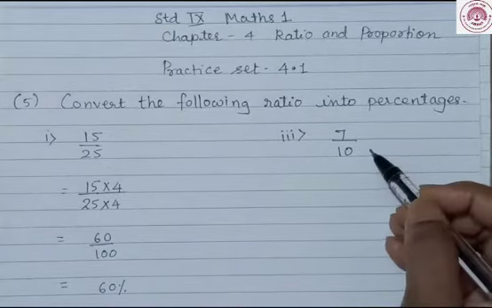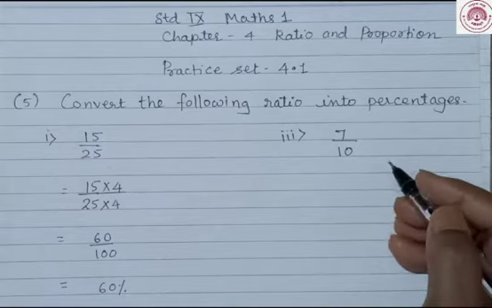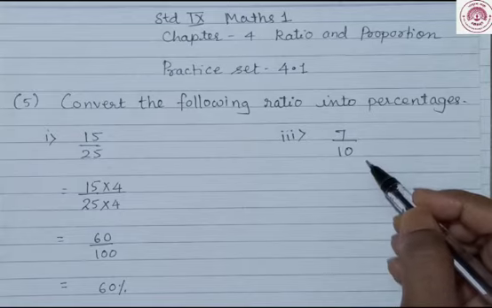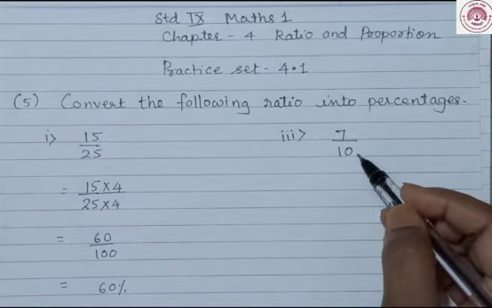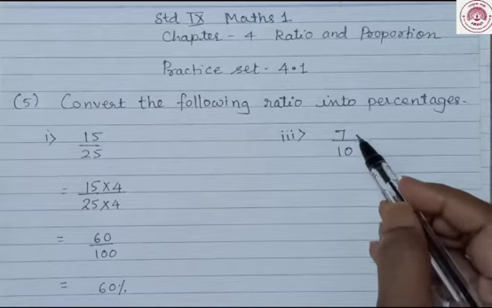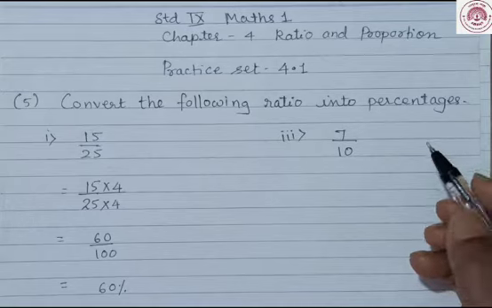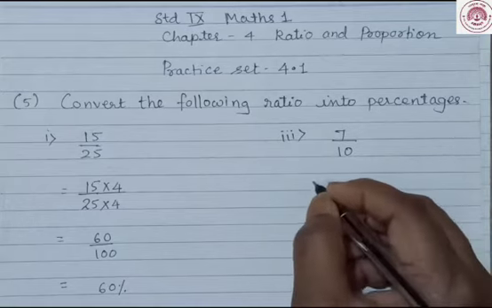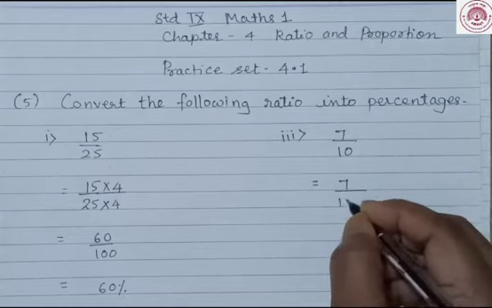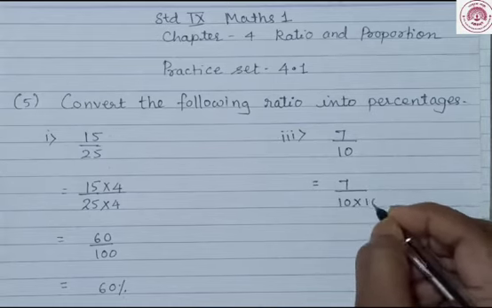Now let's see the third sum, 7 upon 10. So now to convert this successor or the denominator into 100, we have to multiply the denominator by 10. So same we will be doing with the numerator, that is we'll multiply 7 by 10. So let's do it. 7 upon 10, we multiply the denominator, that is 10 by 10.